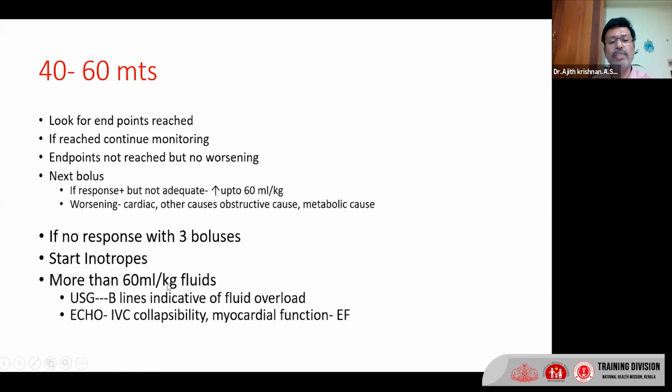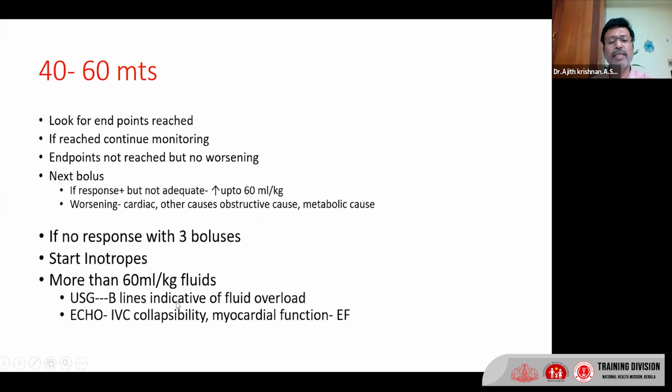But beyond 60 ml per kg, fluid should be given only based on the ultrasound or echo. Nowadays, ultrasound is available in most intensive care units, and the pediatric intensivists working there know how to perform a chest ultrasound.